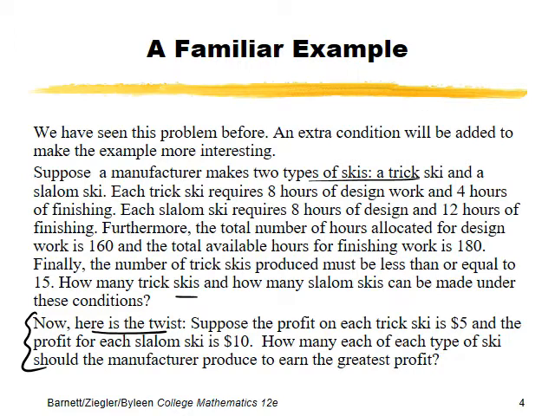How many of each ski should the manufacturer produce to earn the greatest profit? So the profit function is 5x plus 10y. So how many slalom skis and how many trick skis should we produce with respect to those constraints? We have to satisfy those constraints to get the maximum profit.